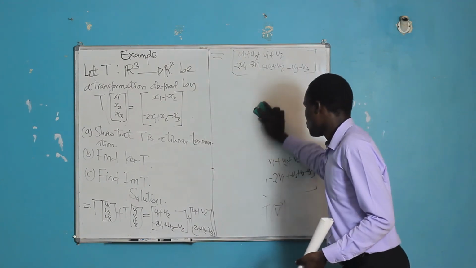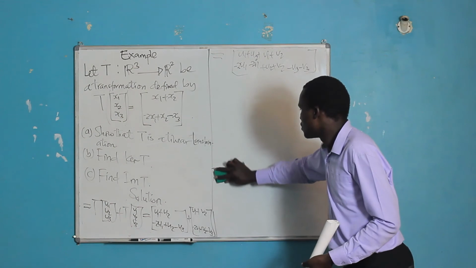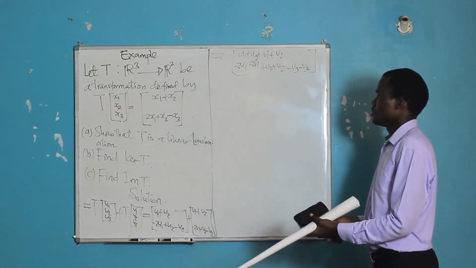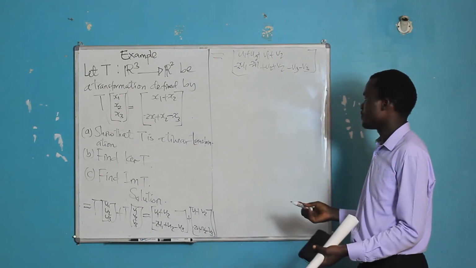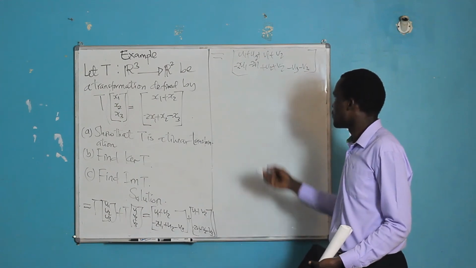Let's see the second axiom, to finally show that this is a linear transformation.